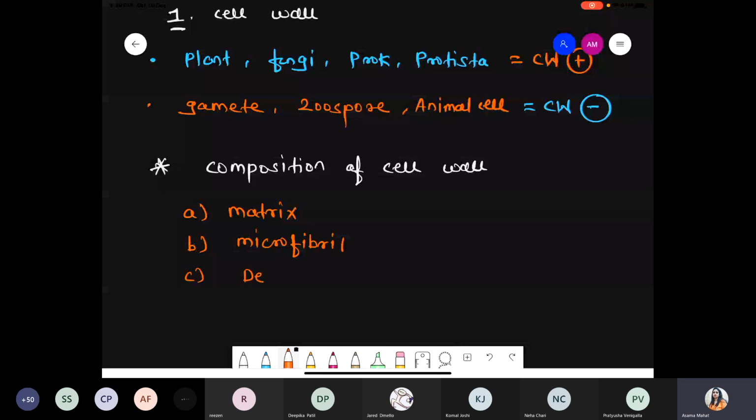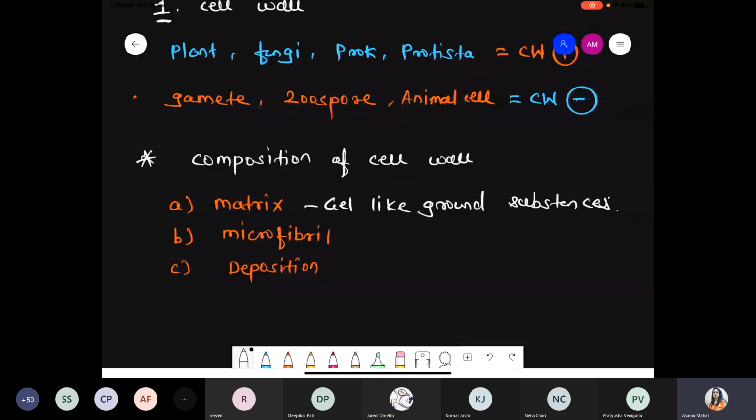So each and every cell wall is made up of these three components: matrix, microfibril, and third, deposition. Now when we are talking about the matrix part, matrix is a gel-like substance. It's a ground substance, gel-like ground substance.